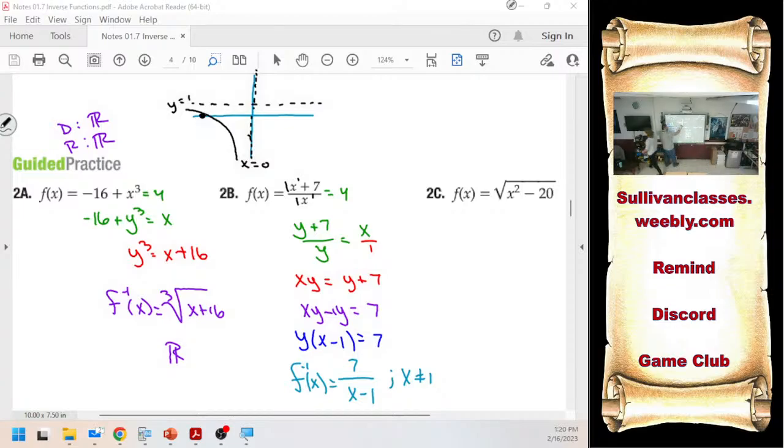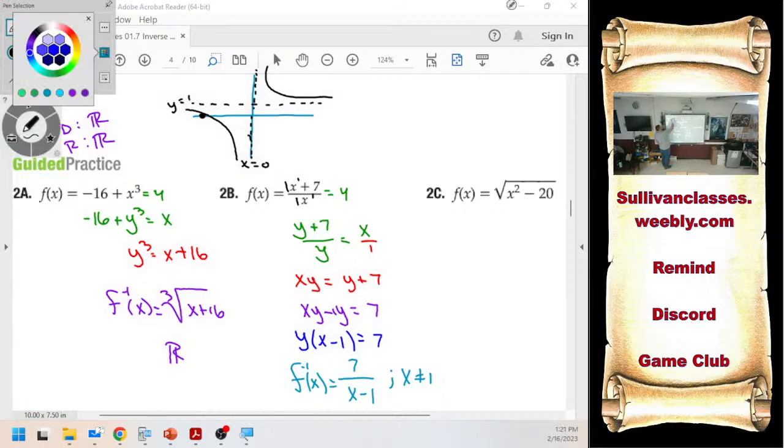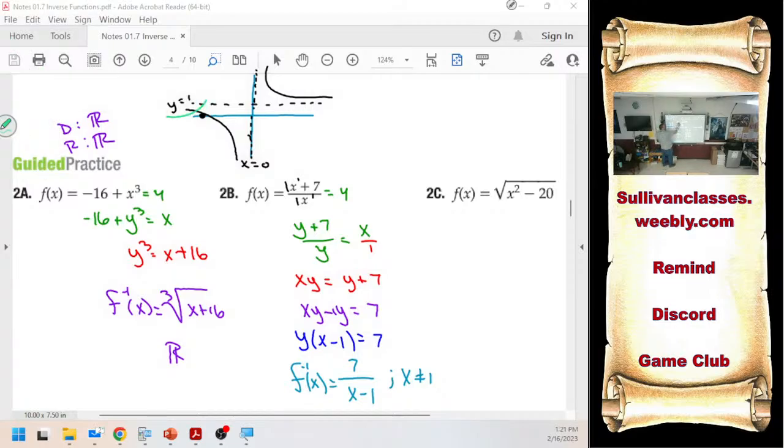Like that. So the original has a domain of x not 0, a range of y can't be 1. So it should make sense that if the original had y can't equal 1, then the domain of the inverse will be x can't equal 1. Okay? Wherever the asymptotes line up is where, on these type of functions, yes.